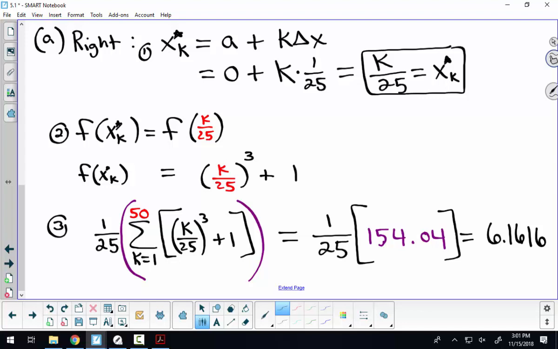So are there any questions on the construction of this summation right here and how we obtained that? All right, so using 50 subintervals with the right Riemann sum on x cubed plus 1 from 0 to 2, the approximate area is 6.16.